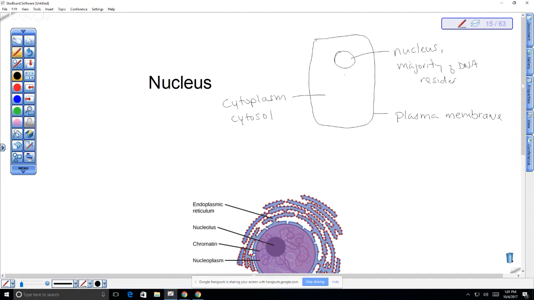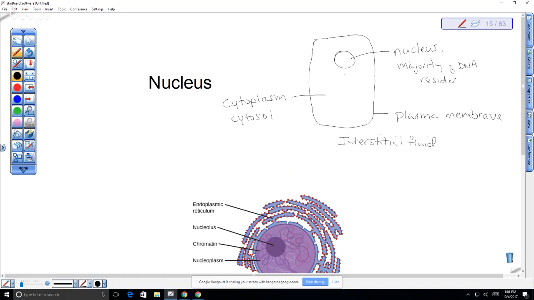And remember that there is fluid outside of the cells, and this fluid has a name. It is called the interstitial fluid. Each and every one of your cells in your body is surrounded by interstitial fluid. So your cells are bathed in water.